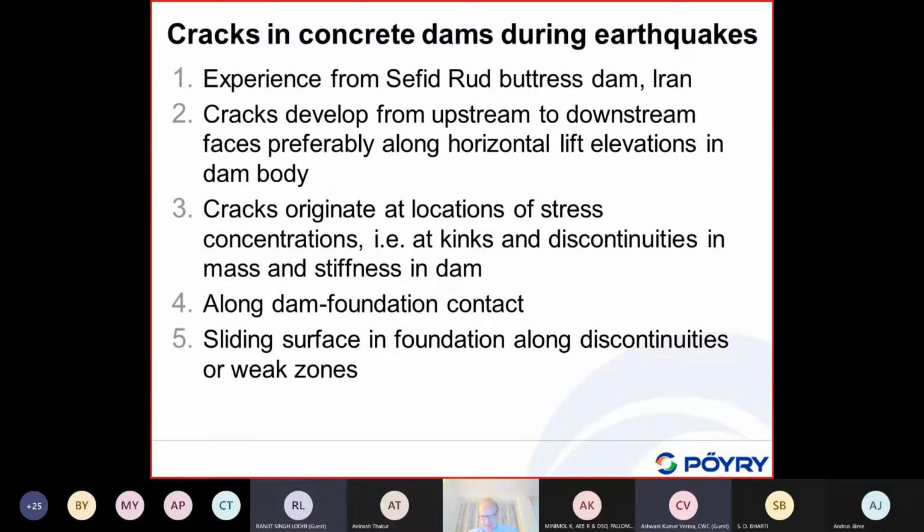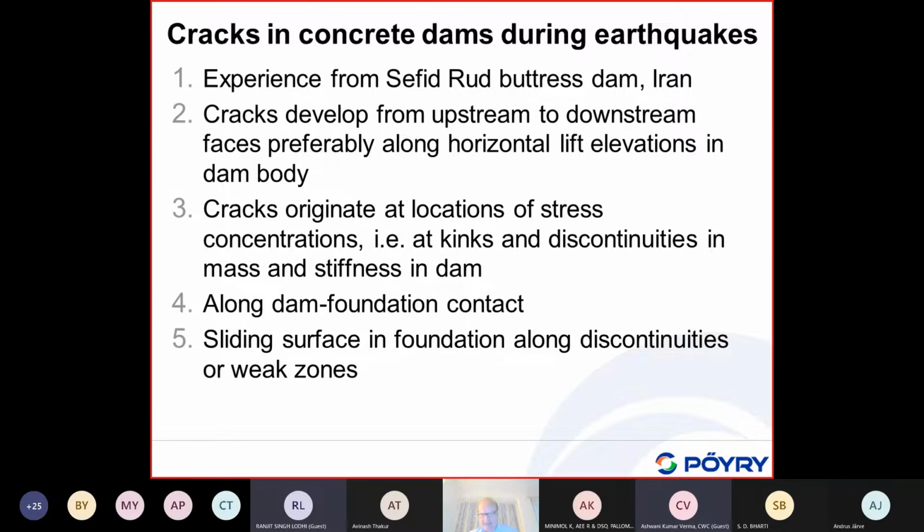I would say the most critical discontinuities in a foundation are thin layers. Actually, they could be in a range of even a few millimeters. If you have clay layers, and you do some drilling, we had such a case in Laos.